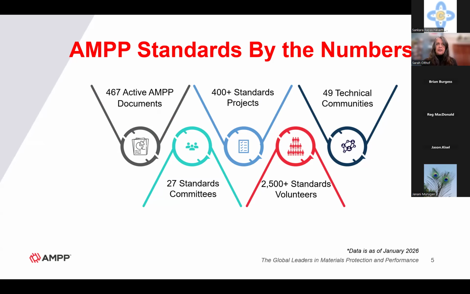Those documents are developed within 27 standards committees. We currently have 400 active projects and over 2,500 volunteers who participate on our standards committees. In addition to the standards committees that develop documents, we have 49 technical communities that are kind of discussion groups to look at industry gaps and needs on the various topics that fall under AMP's purview.